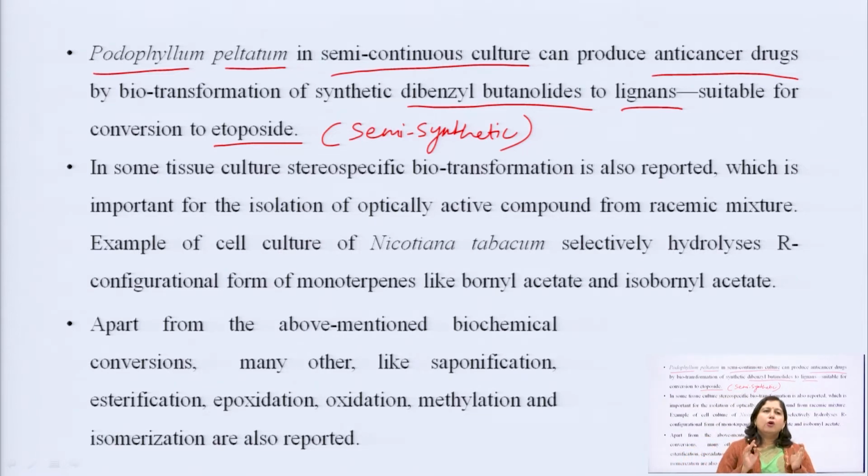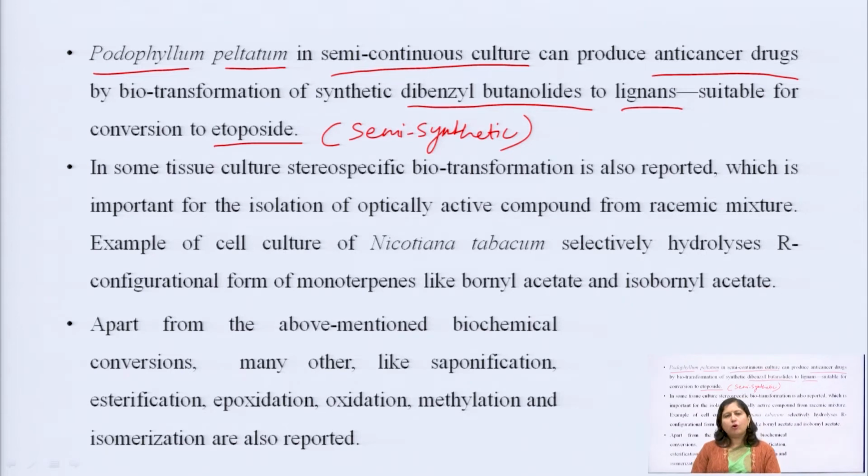Here only the R configuration was getting hydrolyzed, because of which we could only get the S configuration, and we required only the S configuration. So, it became easier to get only the S configuration from the plant, rather than getting the racemic mixture and then separating them into two different configurations. So, we can do the stereochemical variations also using plant tissue culture.